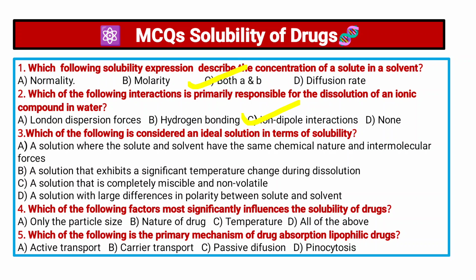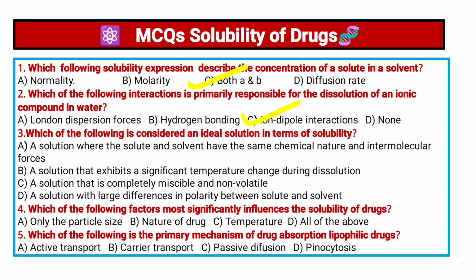Next, which of the following is considered an ideal solution in terms of solubility? When a solute is dissolved in a solvent, that is called a solution. A solution is a homogeneous single phase. Option A, a solution where the solute and solvent have the same chemical nature and intermolecular forces. Option B, a solution that exhibits a significant temperature change during dissolution.